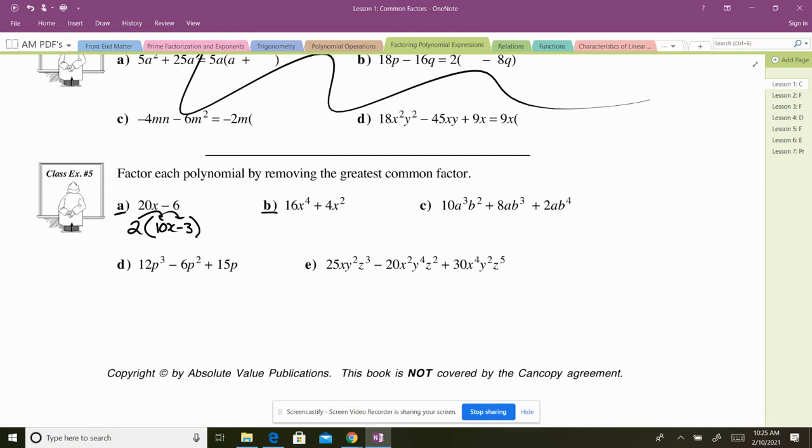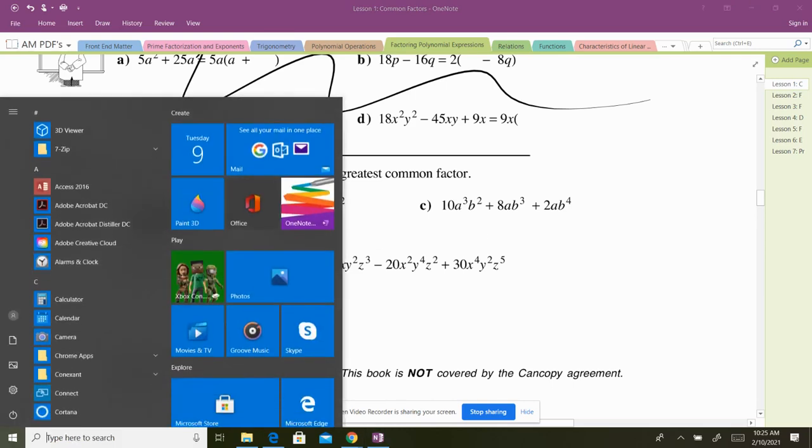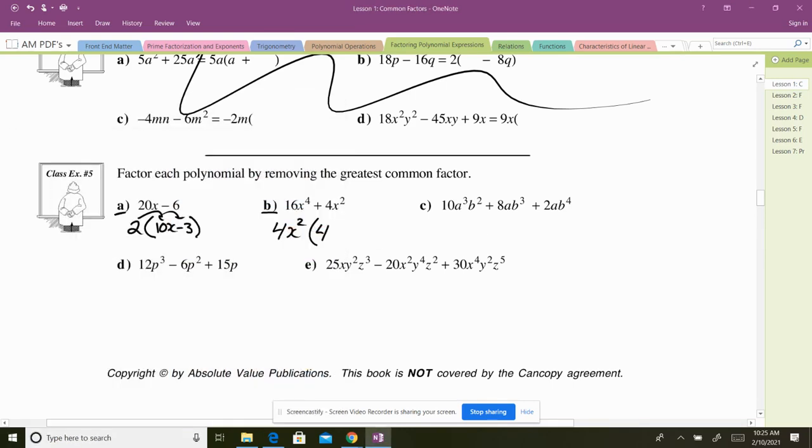16x to the 4 plus 4x squared. 16 and 4, largest number that goes into both. 4. x to the 4, x squared, what can I pull out? x squared, the smallest exponent. Then you write your bracket. What's 16 divided by 4? 4. x to the 4 divided by x squared. What's that?